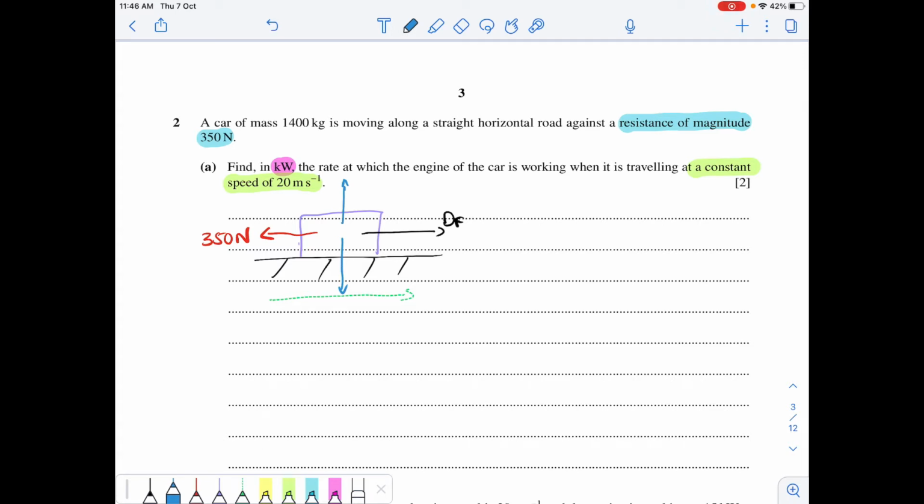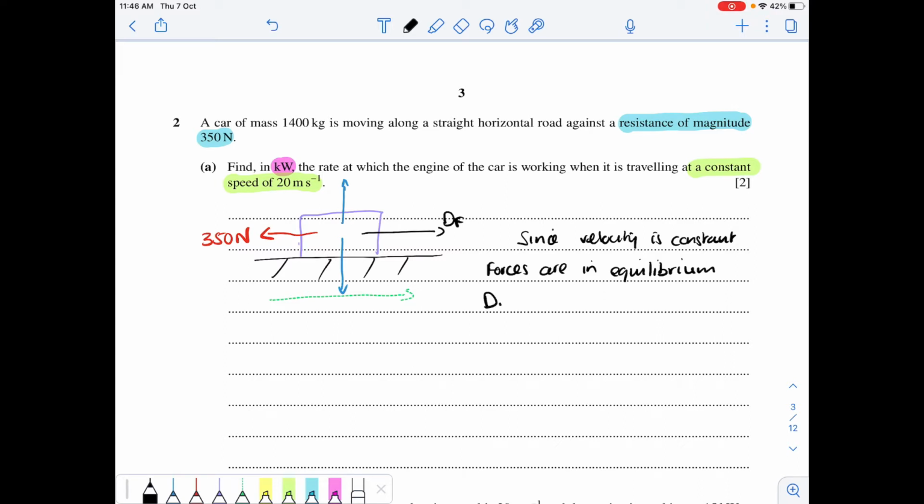Since velocity is constant, the forces are in equilibrium, and that means the forces acting in one direction must be equal to the forces acting in the opposite direction.